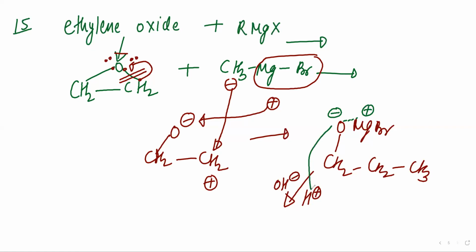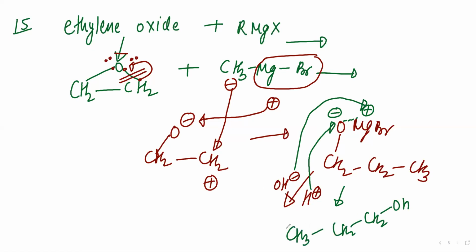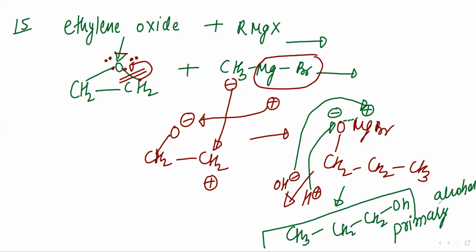So this attracts the H plus and OH minus goes with this, forming OH, CH2, CH2, CH3. It is clearly seen that it is a primary alcohol. You have to tell which alcohol is formed, primary, secondary or tertiary. So this is the formation of primary alcohol.